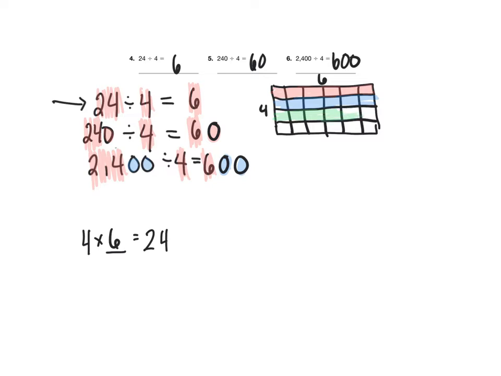And so how many do we have in each piece? We have 6 in each piece, okay? If you grab this and pull it away, you can count 1, 2, 3, 4, 5, 6 in each piece.